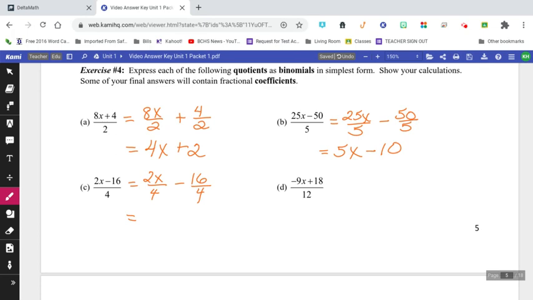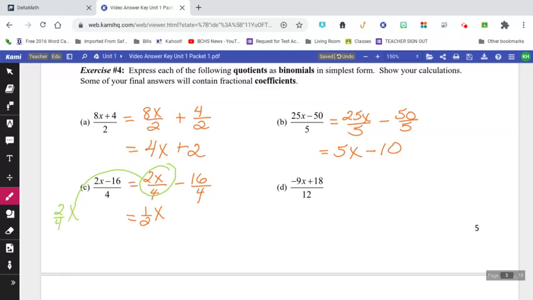Now, there's a couple ways that we can write this. We can write this as 1x over 2. We can write it as x over 2 because you don't have to write the 1. Another way that you might see it written is 1/2 x. Now, where does that come from? Well, that comes from the fact that this right here can be rewritten as 2 over 4 x.